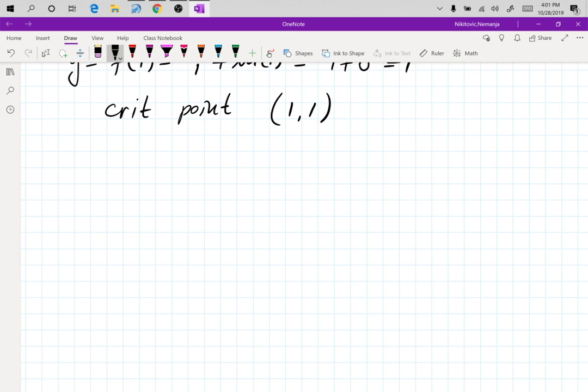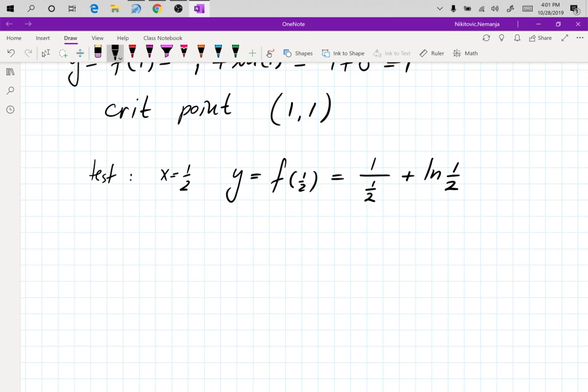So we have test points. x equals 1/2. The y value for that would be f of 1/2, which is 1 divided by 1/2 plus ln of 1/2.